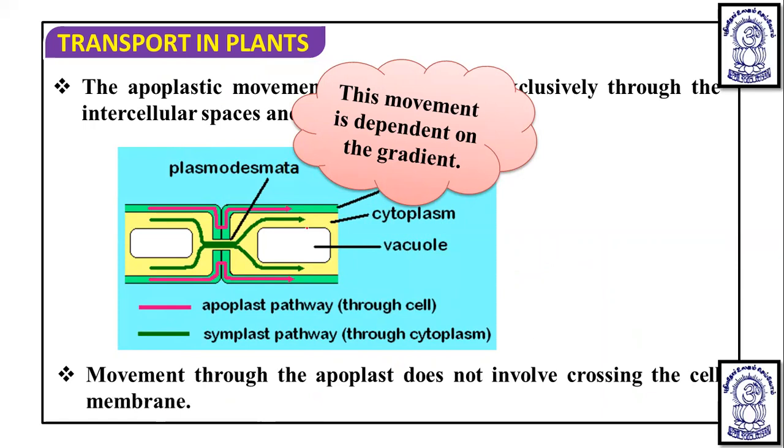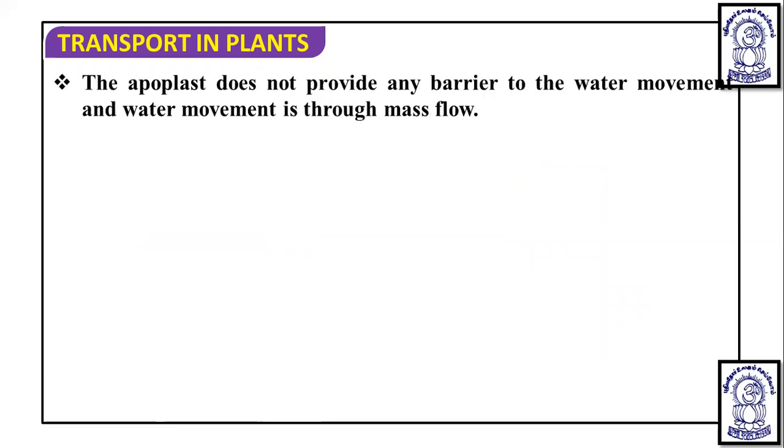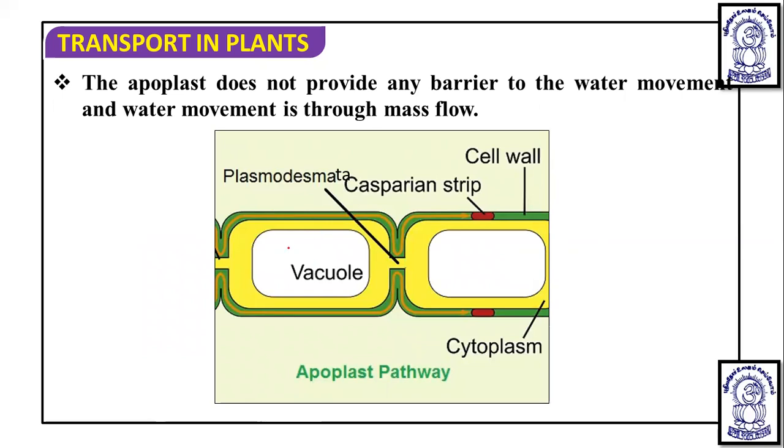You can see in apoplast movement it is going through the cell wall, and it does not involve crossing of the cell membrane because it is occurring through the cell wall and intercellular spaces. So the apoplast does not provide any barrier to the water movement, and water movement is through mass flow. This is the apoplast pathway.